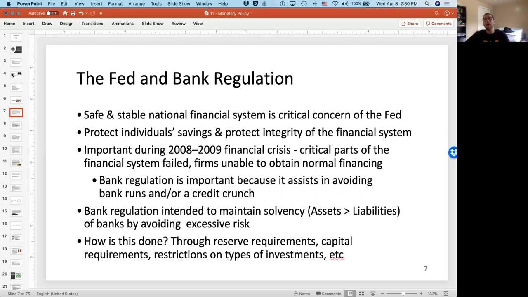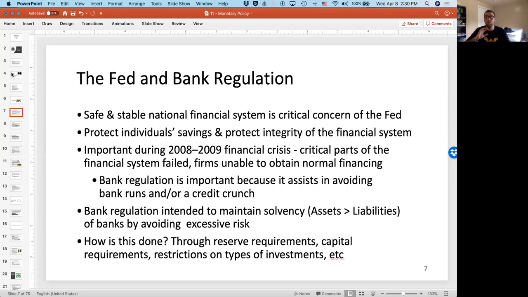It might have an impact in the future, and the bank might become more insolvent. So the Fed has to create regulations in order to avoid those types of behaviors, right? The Fed has to oversee how banks act in order to guarantee that the whole financial system, or the bank system, does not collapse in the future. These types of requirements are usually reserve requirements, as you covered in money and banking.